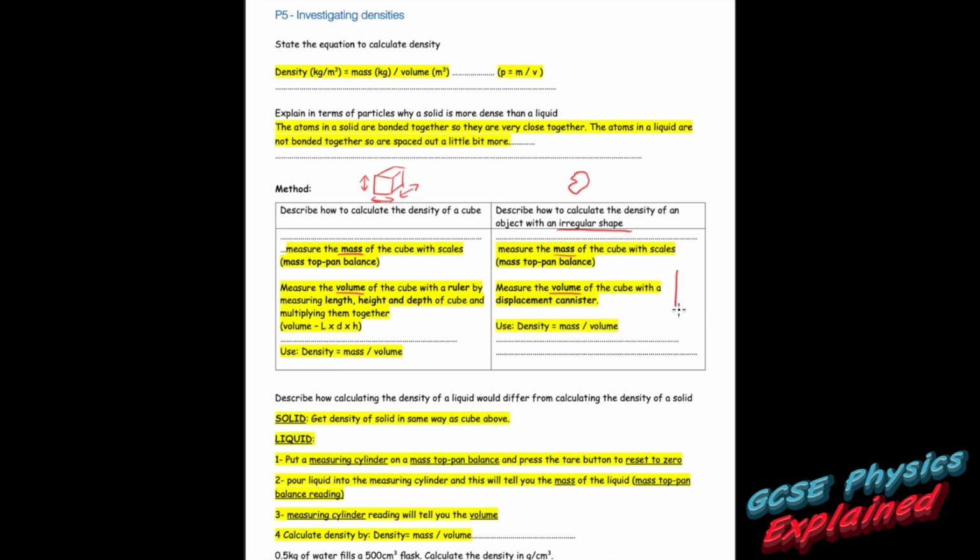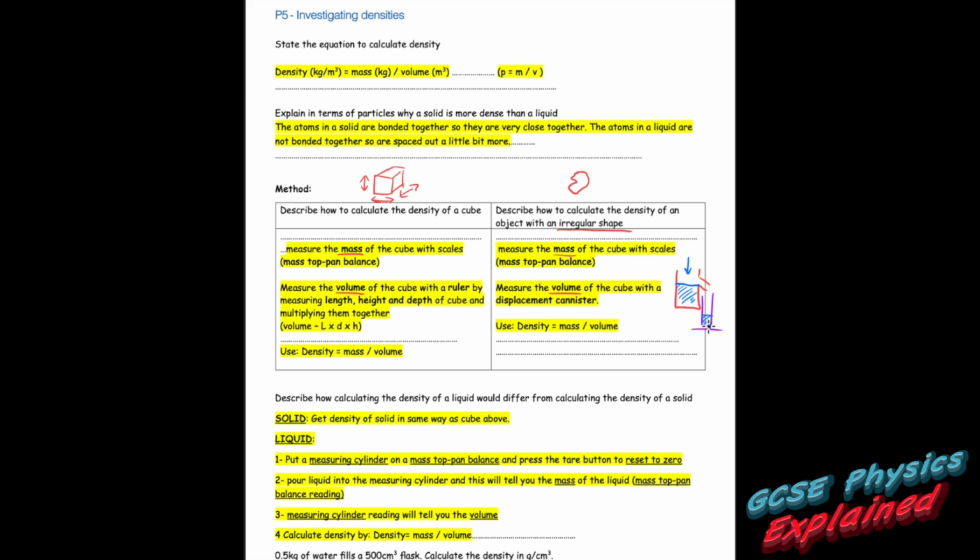Now a displacement canister has got one of these spouts, and what you do is you fill it up with water up to the spout. And then when you plop your object in, the water rises and you collect the water that got displaced in the measuring cylinder.